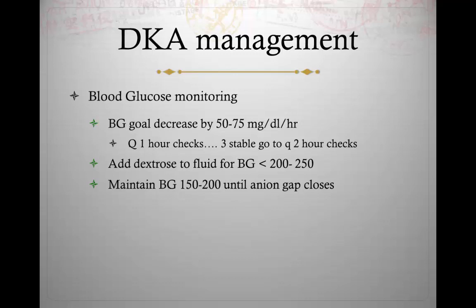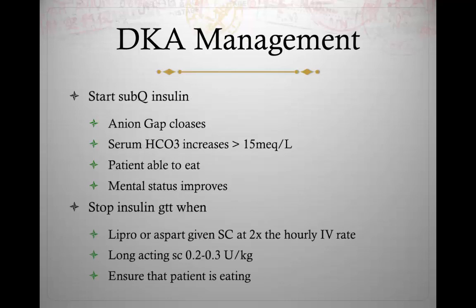Okay, if there are 3 consecutive that are stable, then you could switch to 2 hour checks. Remember, you must add dextrose to fluid when the blood glucose level is less than 200 to 250. You must maintain blood glucose level between 150 to 200 to avoid high anion gap acidosis.